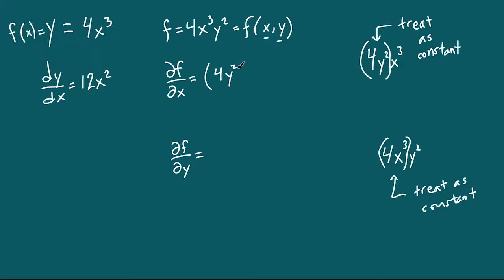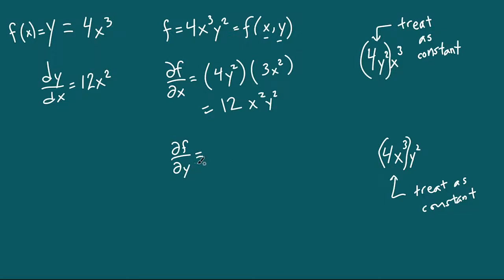So that's 4y squared. And then I have to take the derivative of x cubed with respect to x. So that would be 3x squared is that derivative. And so then I can just multiply through. 4 times 3 is 12. And I usually regroup in the same order. So x squared, y squared. So that would be the partial derivative of f with respect to x.